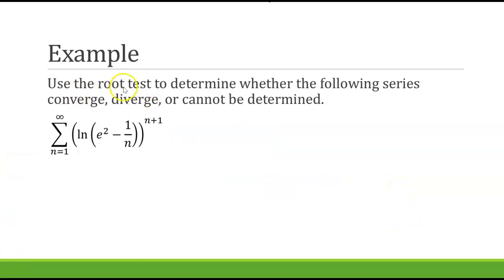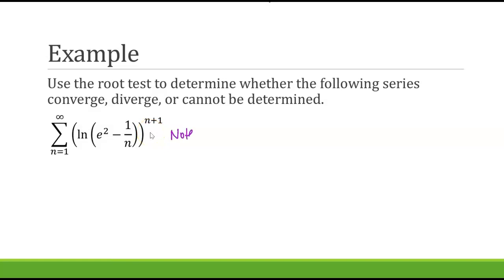In this example, we'll again apply the root test to determine whether this series converges, diverges, or cannot be determined by this test. So we have the sum of n equals 1 to infinity of the natural log of e squared minus 1 over n, all raised to the n plus 1.